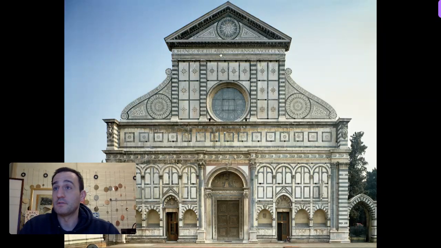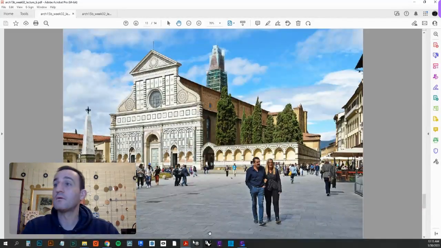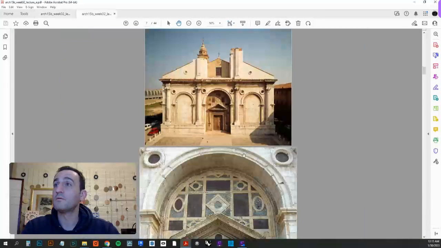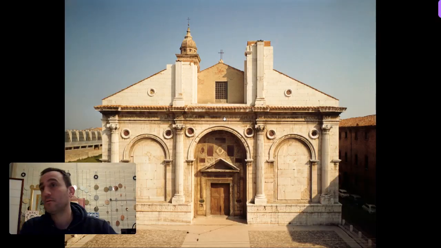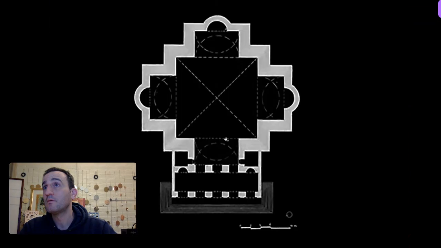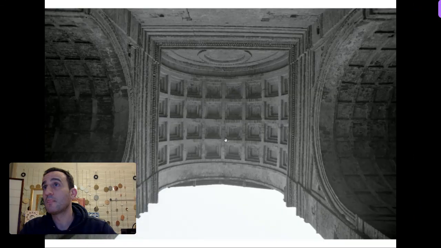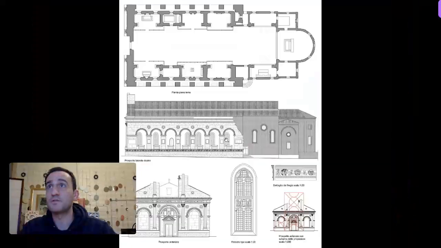Broken pediment. Let's stay with Alberti here. We'll stay with the first one.